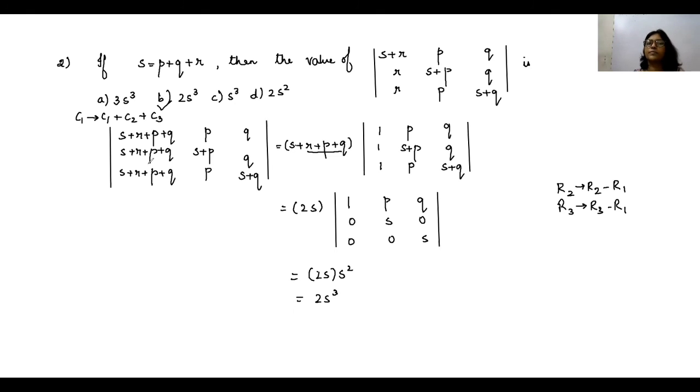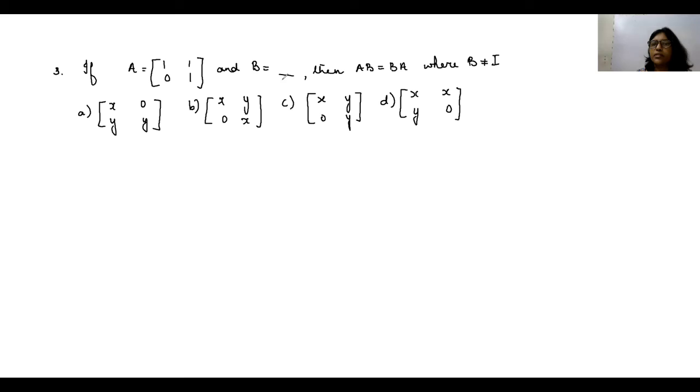Option B, that is. Here we are looking for a matrix B which is satisfying the condition AB is equal to BA. So we need to go option wise. Let's take the first option.